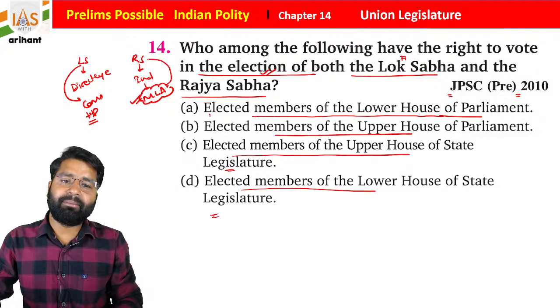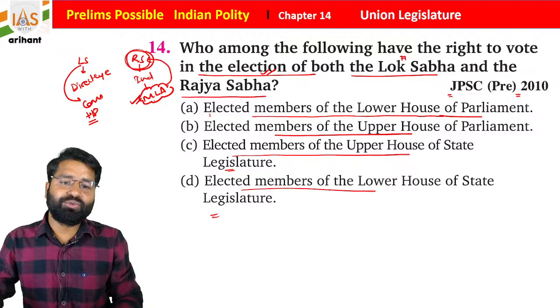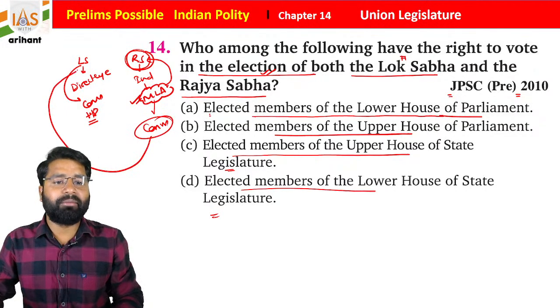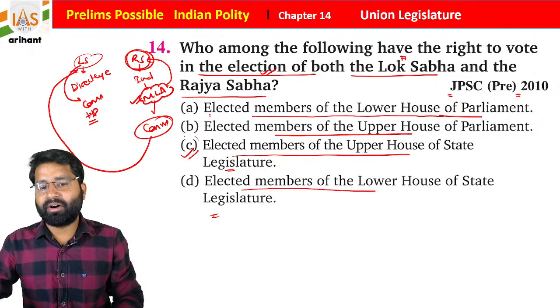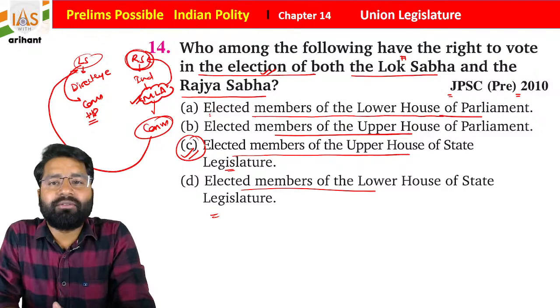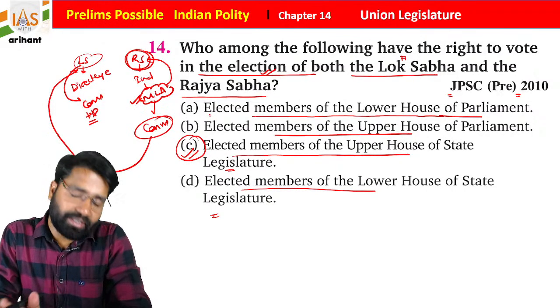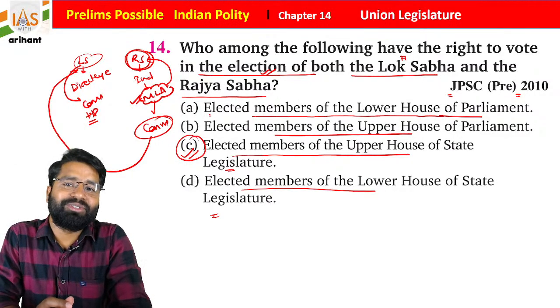If someone is an elected MLA of a state, he can choose the Rajya Sabha member. And students, is he a common person also? As a common person, he can choose the Lok Sabha member. So an elected member of the upper house of the state legislature can vote, means he will choose the Rajya Sabha member also, and he will choose the Lok Sabha member also.